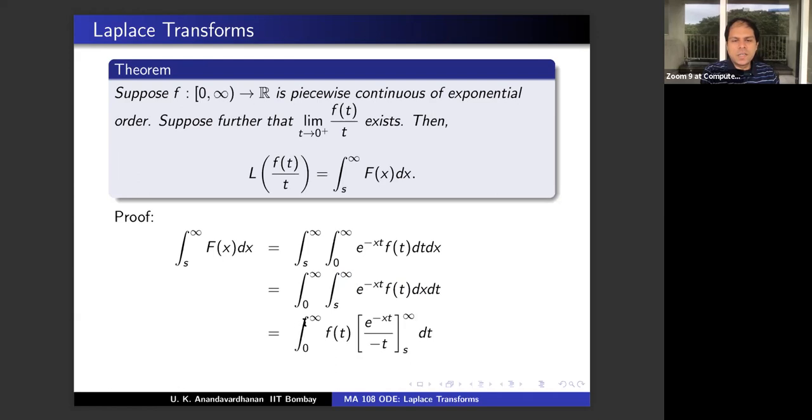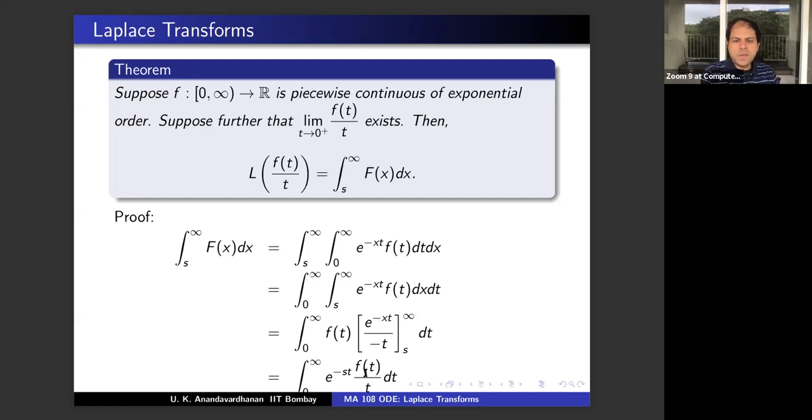So this is the integral 0 to infinity f of t times e power minus xt by minus t from s to infinity dt that you plug in. You can see at infinity, e power minus infinity is 0, minus of minus. So e power minus st by t f of t dt.